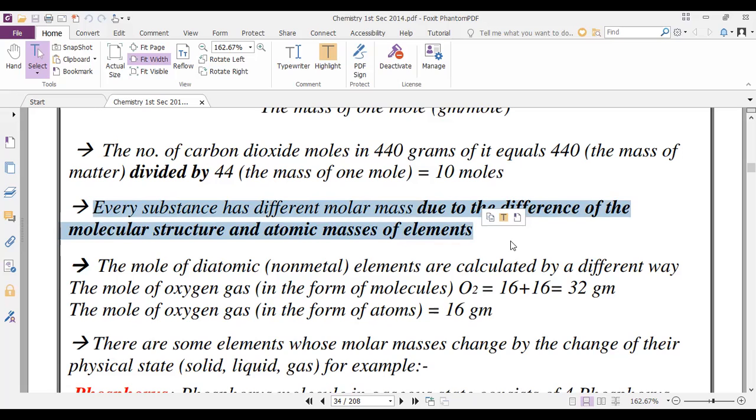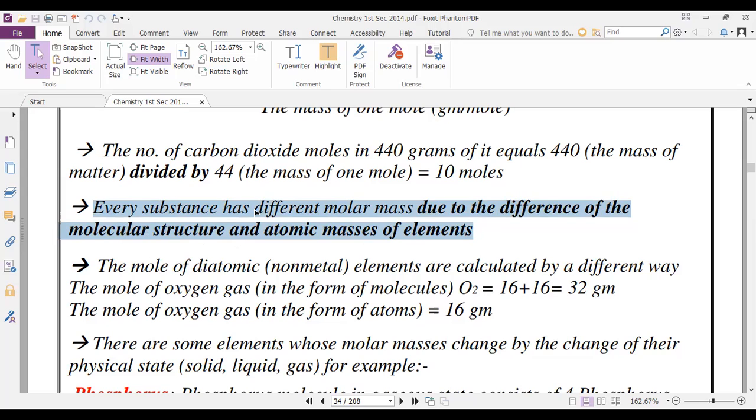Right, okay. The structure of carbon dioxide gas differs from the structure of sodium hydroxide, from water, and from sulfuric acid, as each compound has different atoms forming it, and these atoms differ from the atoms of other molecules, right?